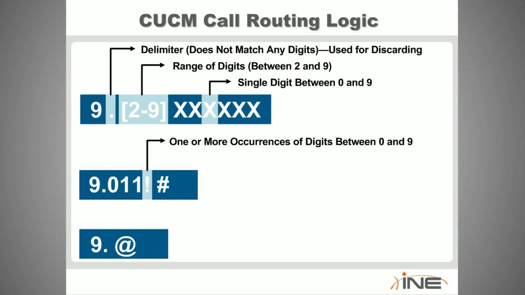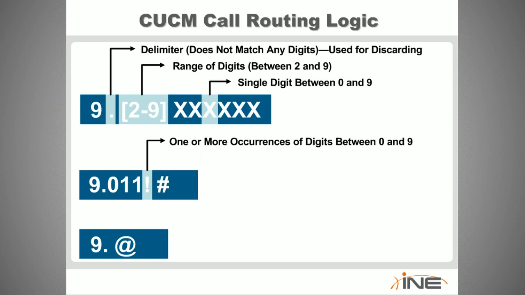This just matches one or more occurrences of any digit between 0 and 9. And of course, plus in regular expression is a lot more inclusive than just digits. It's alphanumeric. I'm not trying to confuse you too much, but this bang, again, does not match an asterisk or a hash.